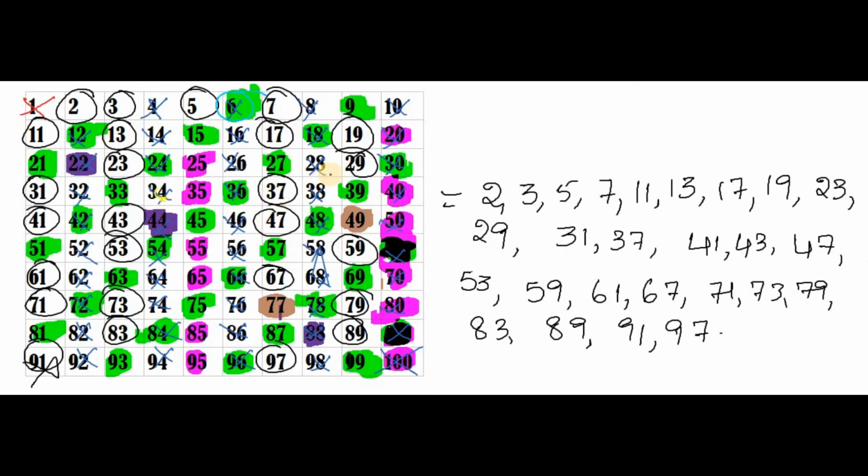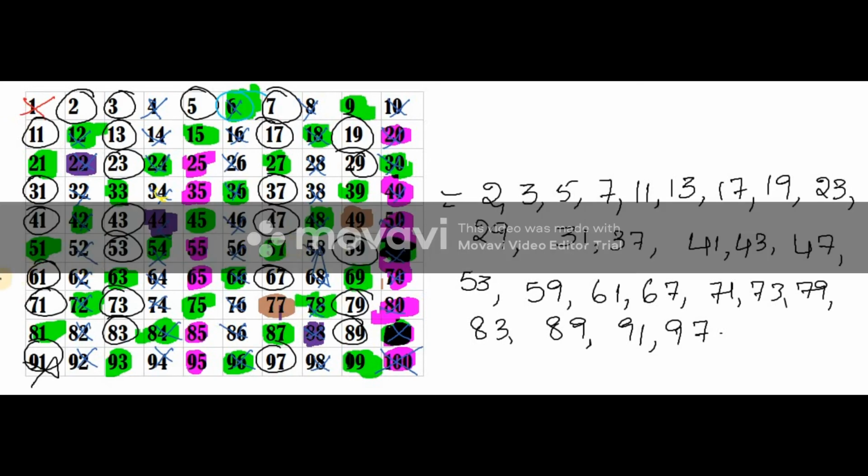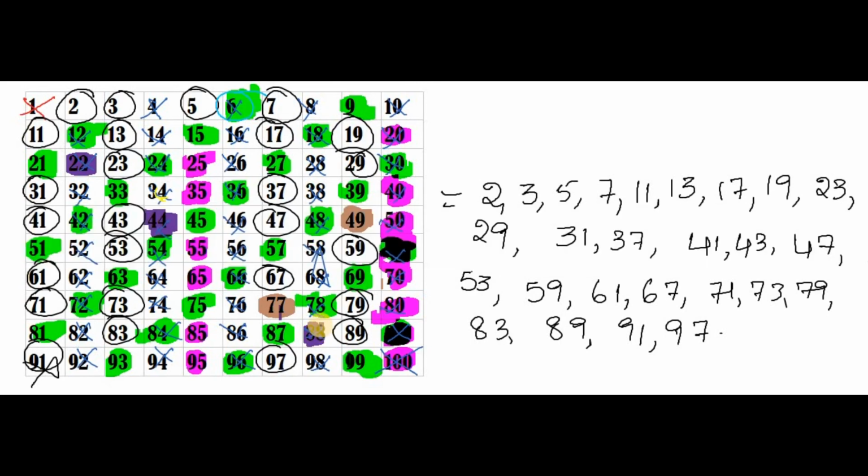37, 73 we got. 92 is not a prime number, 14 not prime, 34 no, 74 no, 35 no, 95 no, 16 no, 76 no, 17 okay, 37 okay, 97, 79 and 97 also.